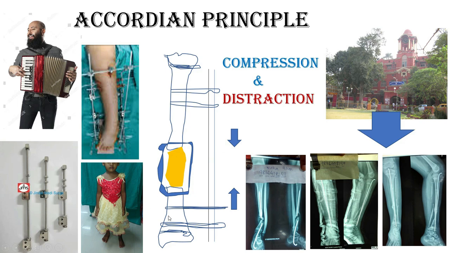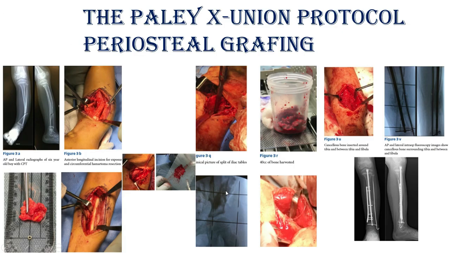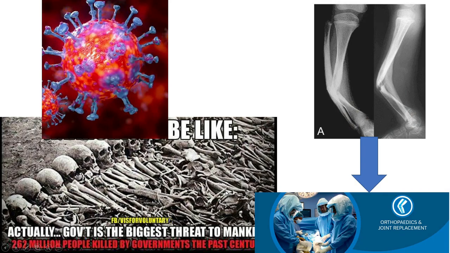And we have one successful case, but this case was done outside with failure of the implant. But we need to do much more work to say that we can do something for this pseudoarthrosis of the tibia.